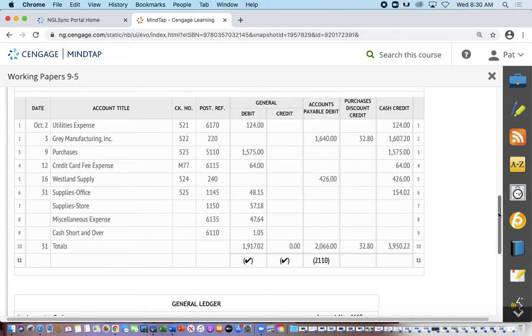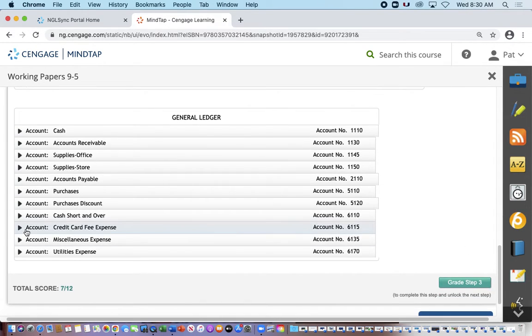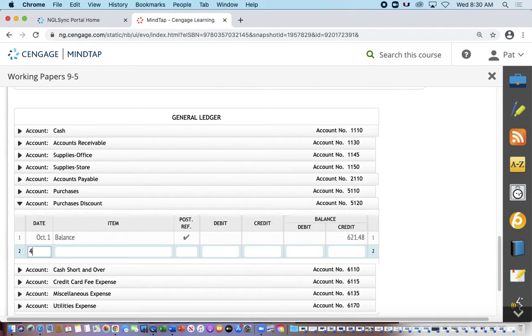Okay. So we go to purchases discount credit, another special amount column. Purchases discount on the 31st, not 41st, 31st. CP10. All right, and we had a purchase discount of $32.80.